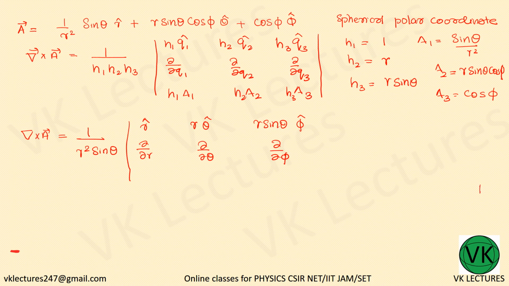Then h1 into a1, so h1 is 1, a1 is sin theta by r square, h2 is r times a2, a2 is r sin theta cos phi. Then you have the third component, h3 is r sin theta into a3 is cos phi.